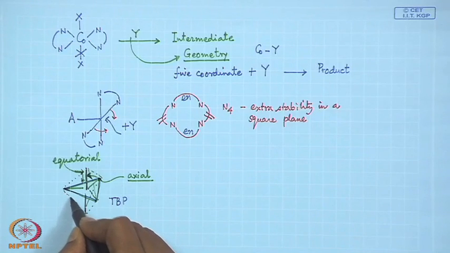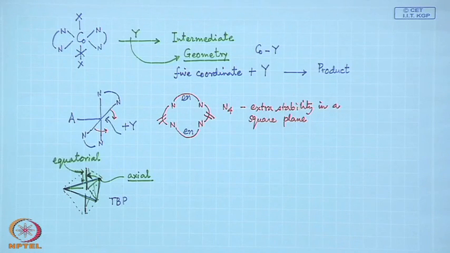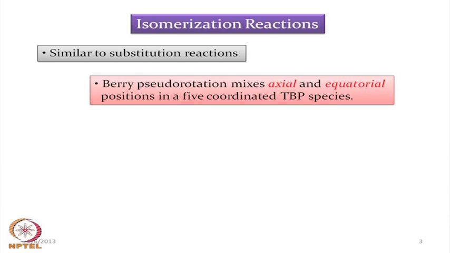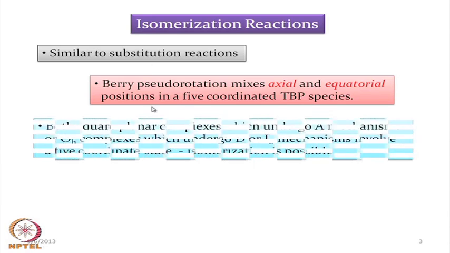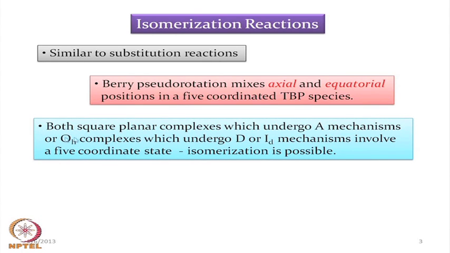So, Berry proposes some kind of pseudo rotation, that means this trigonal bipyramidal geometry can rearrange, and that gives rise to some situation where both square planar complexes which undergo associative mechanisms, or octahedral complexes which undergo dissociative or interchange dissociative mechanisms, involve a 5 coordinated state. If we get a 5 coordinate intermediate, then isomerization is possible from there.